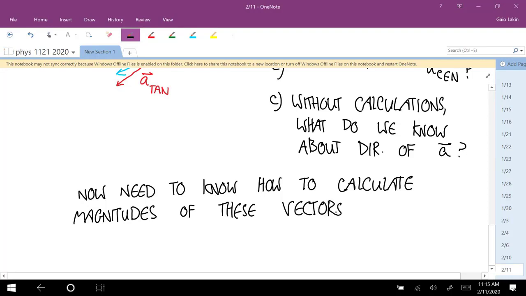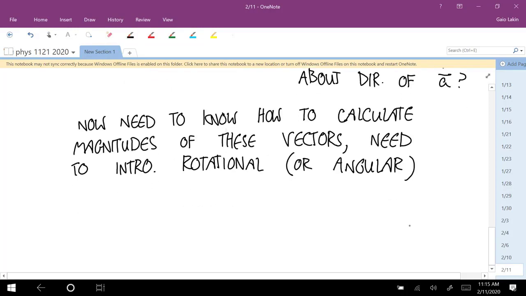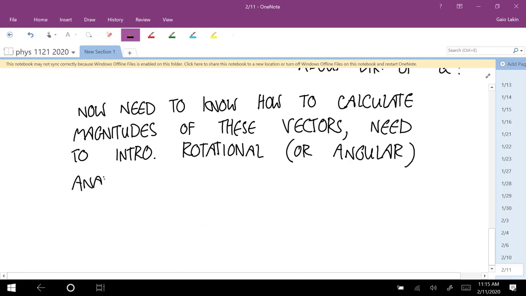And to do that, I'm going to introduce these quantities, angular quantities that are analogous to some things that we're already aware of. So I need to introduce some rotational or angular analogs of translational quantities we already know.